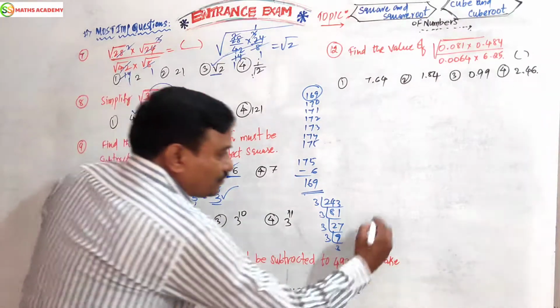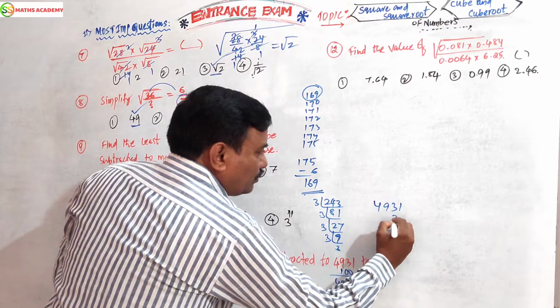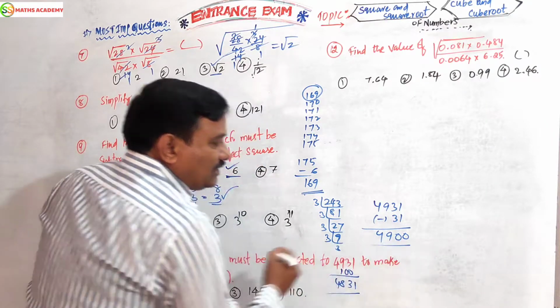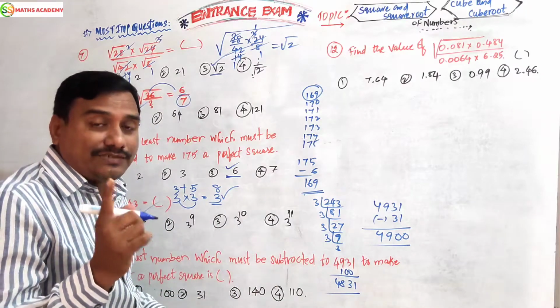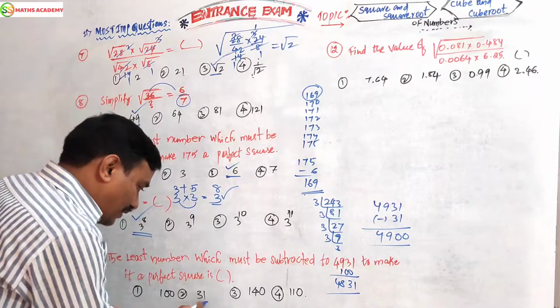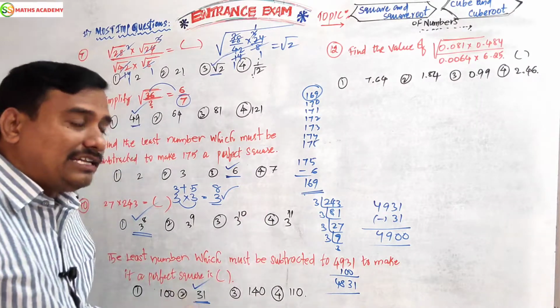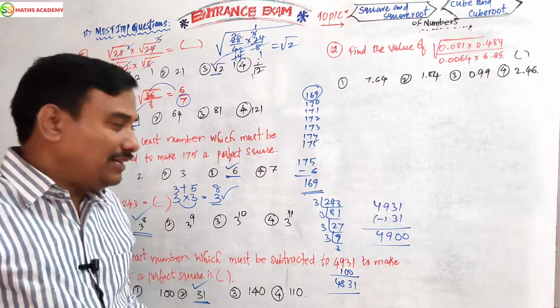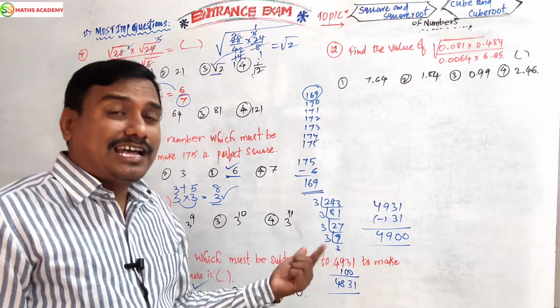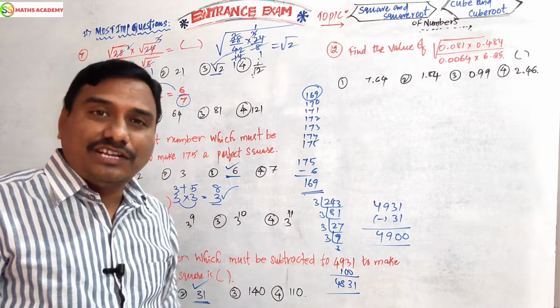Now subtract 31 from 4931. You get 4900. Yes, 49 is a perfect square. 49 means 70 into 70, 4900. So the perfect answer is 31. Like this, you can do the question. Subtract 31 from this and you will get 4900. 4900 is a perfect square, but 4800 is not a perfect square.